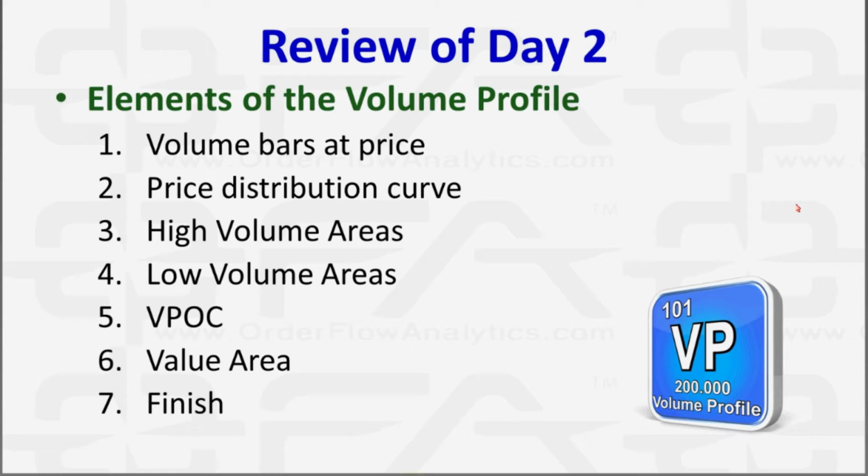And then I'll look at value, and I'll look at how the profile is finishing on each end. But those three things, high volume, low volume, volume point of control, in any volume profile.